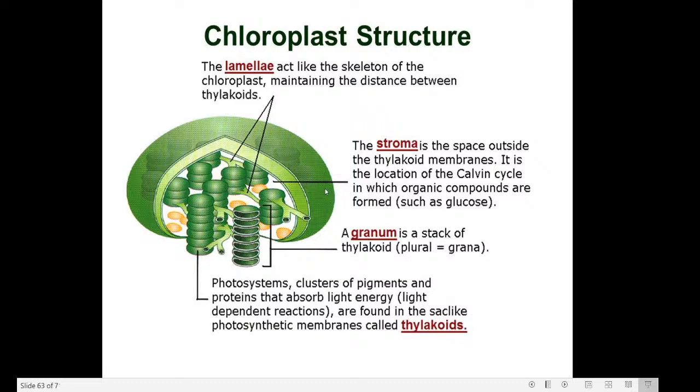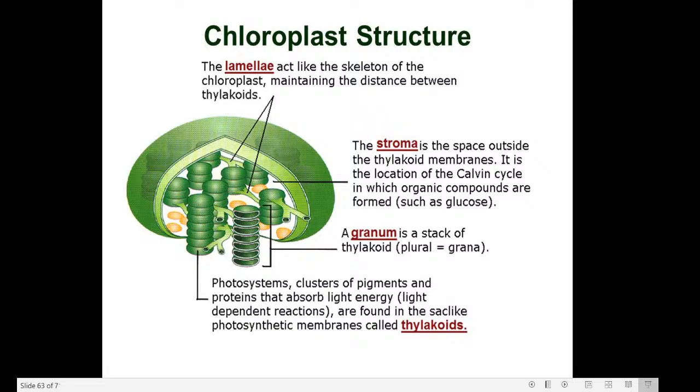It is where organic compounds are formed. The granum is a stack of thylakoids. Then the photosystem is a cluster of pigments and proteins that absorb light and are found in the sac-like photosynthetic membrane called the thylakoid.